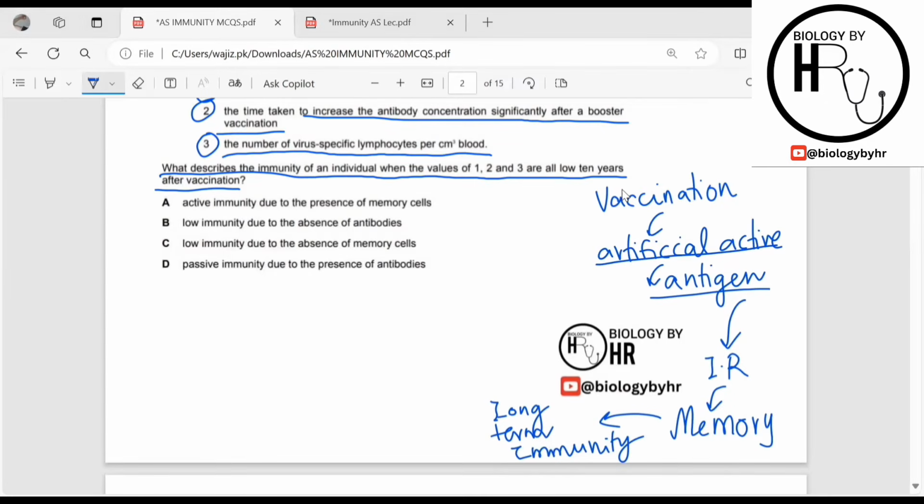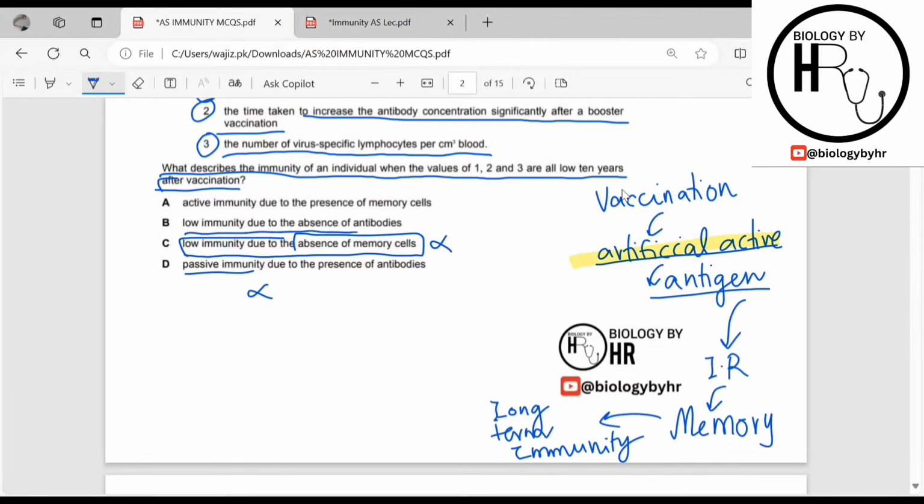So let's eliminate the incorrect options and find the correct option for ourselves. We know that they are talking about after vaccination. If they are talking about vaccination, then there will be the artificial active immunity. So the passive immunity will be incorrect, right? And as the immune response has occurred because of the vaccination, there will be no absence of the memory cells, and there will be no low immunity also.